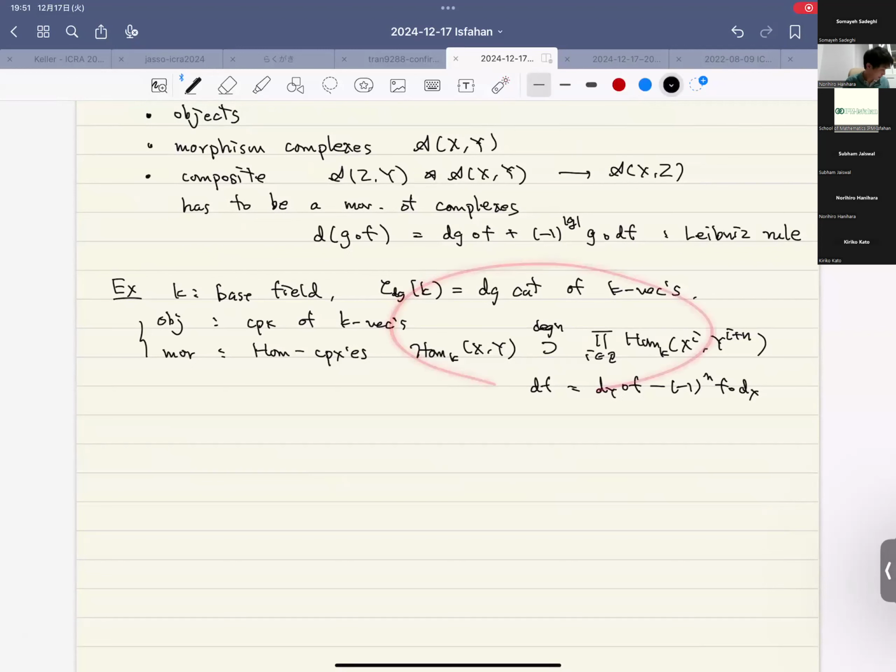This is the most fundamental example of a DG category. Another important example is the DG algebra. A DG algebra is a DG category with a single object.